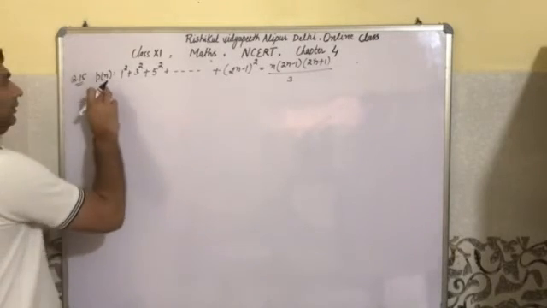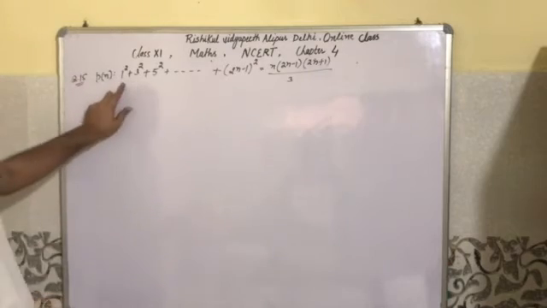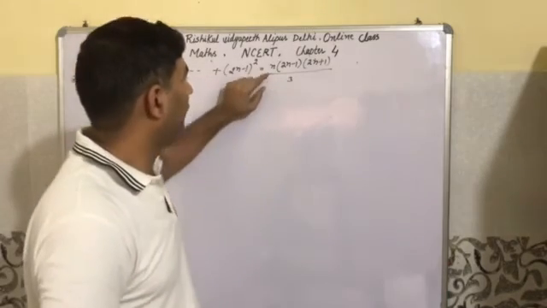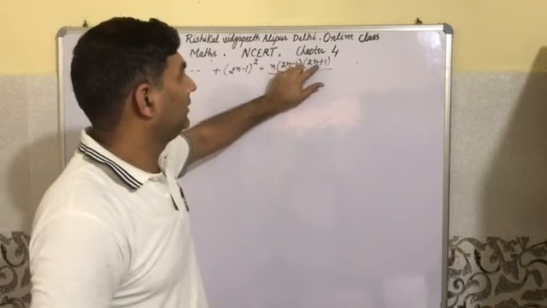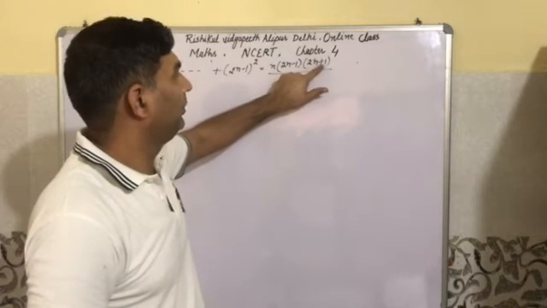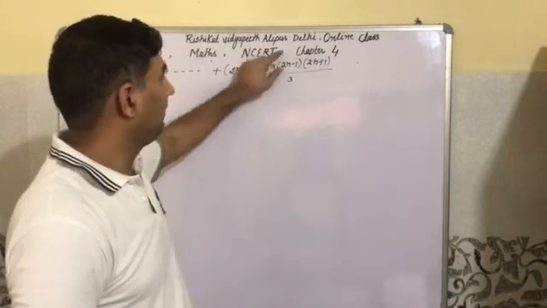P of 1, and P of 1 is 1 up to 1 term. This 1 square is 1. Put the value of 1: 2 minus 1, 1, and this 1 into 2 plus 1, 3, into 1 into 1, this 3 by 3, and 3 by 3 is 1.